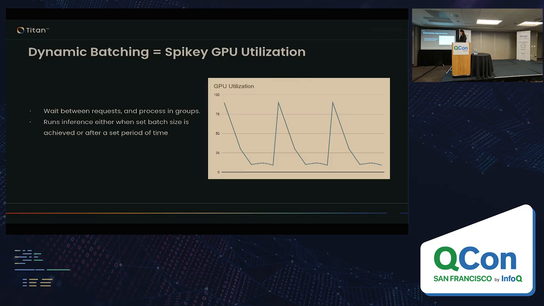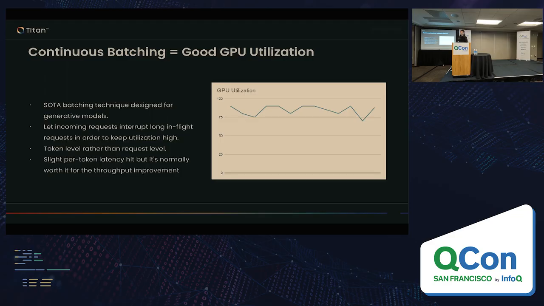What we can do instead is continuous batching. This allows you to interrupt very long responses with other responses as well. So we can do essentially token-level processing rather than request-level.